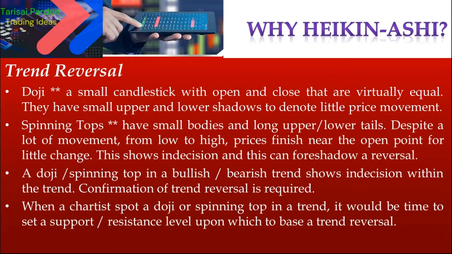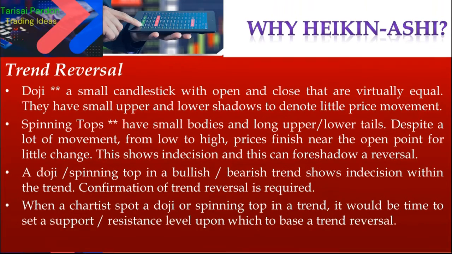A doji or a spinning top in a bullish or bearish trend shows indecision within the trend. Confirmation of a trend reversal will therefore be required. When a chartist spots a doji or a spinning top in a trend, it will be time to set a support or resistance level, which would be the basis for the trend reversal.